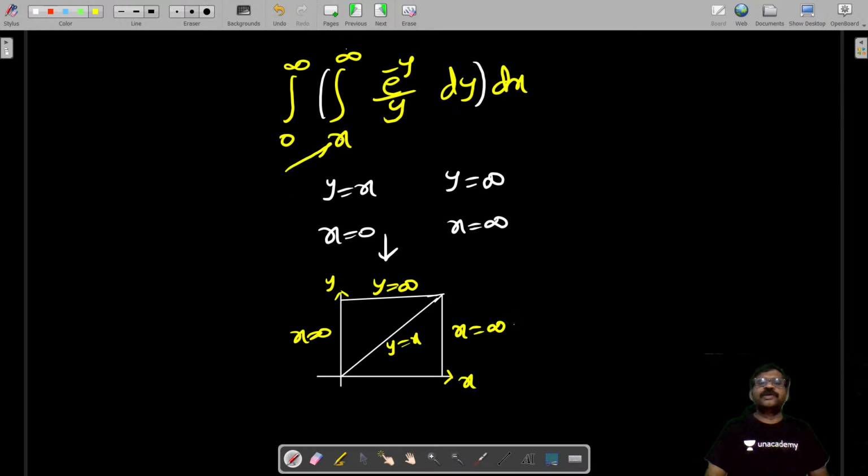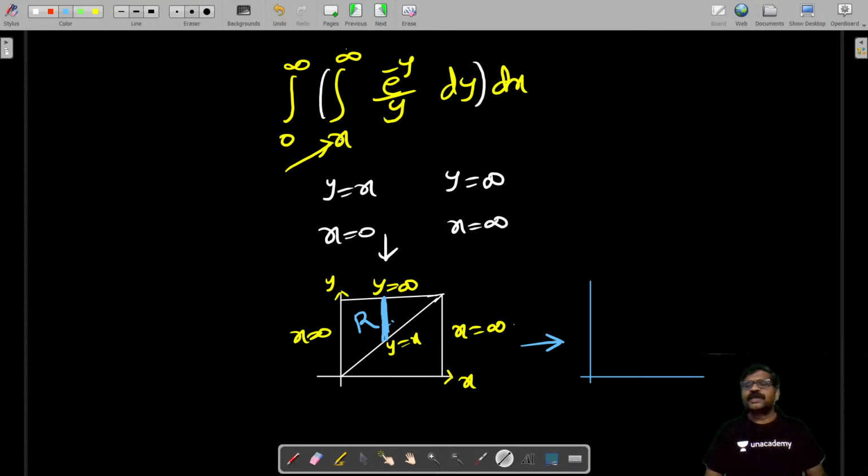Y equal to x is the lower limit. That's why you have to fix a vertical strip. Y equal to x is the lower limit, y equal to infinite is the upper limit. So this is the region. In that region, we have to change the order. Now, I am going to change the order. Y-axis, x-axis, y equal to x or x equal to y. This is the region.